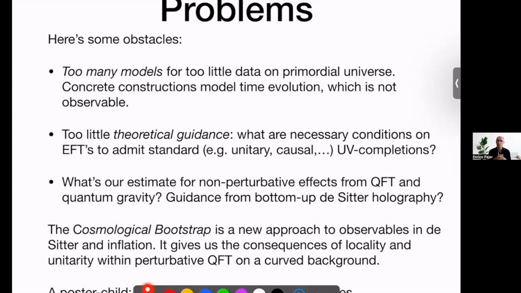We're trying to do the same for cosmology. So in particular, one of the outcomes of this is that if you give me 5 derivative interactions of an inflaton potential, I'll tell you this has to be positive, this has to be bigger than that, and this has to be bigger than this plus that.